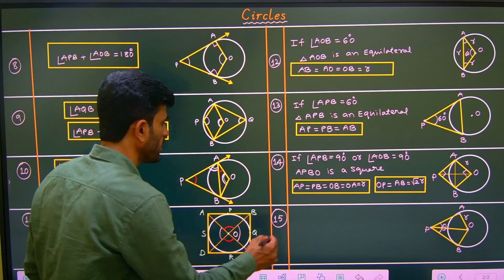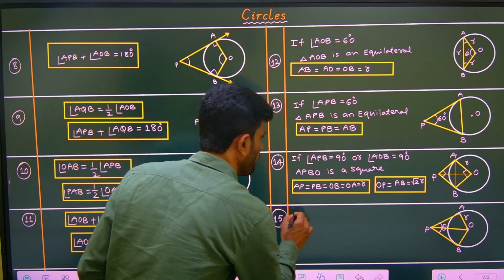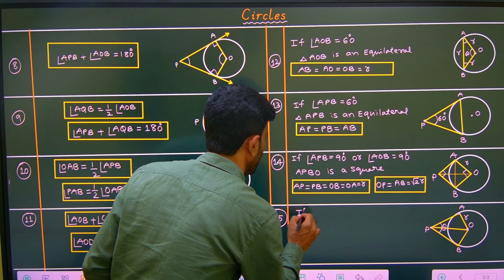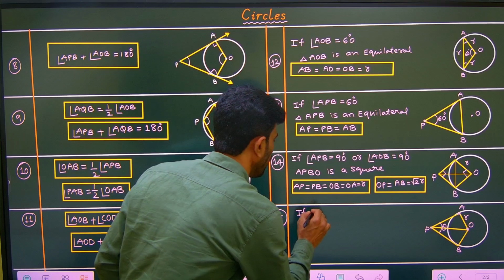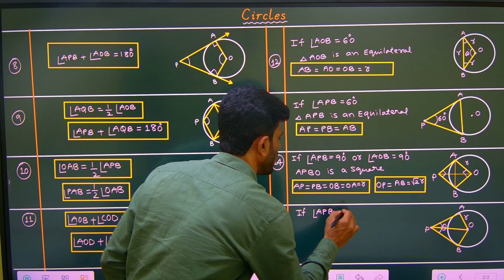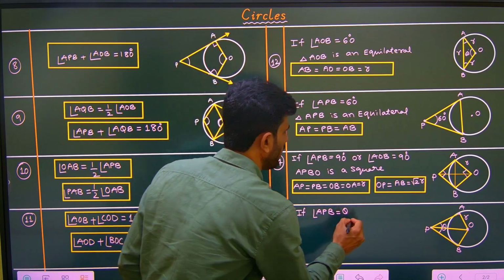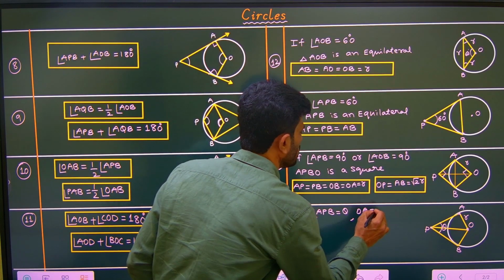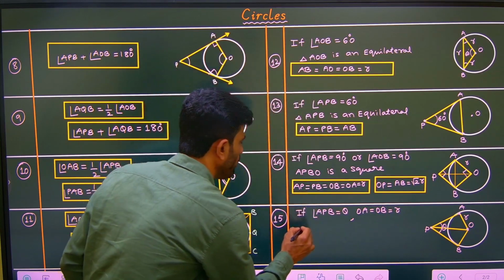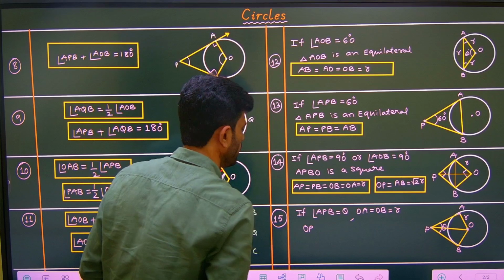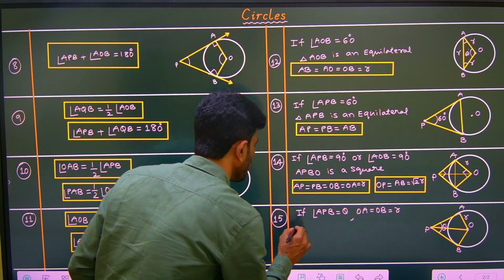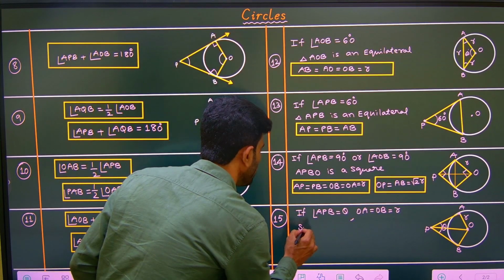So here what we can remember: if you know angle APB is some theta, then radius OA is equal to OB is equal to R. If they ask you for the length of OP, then you use sine theta by 2.